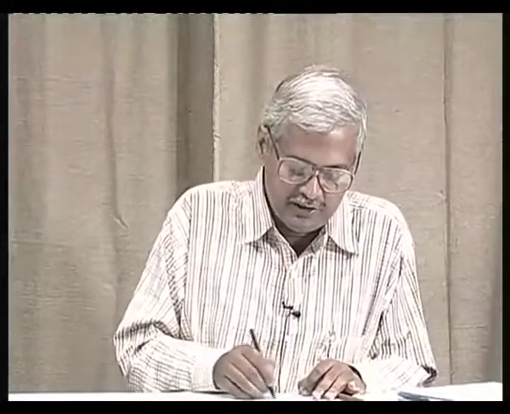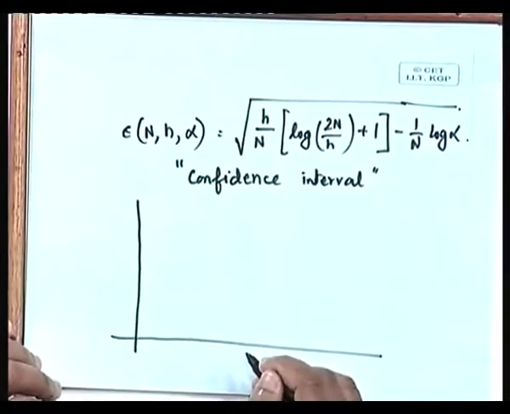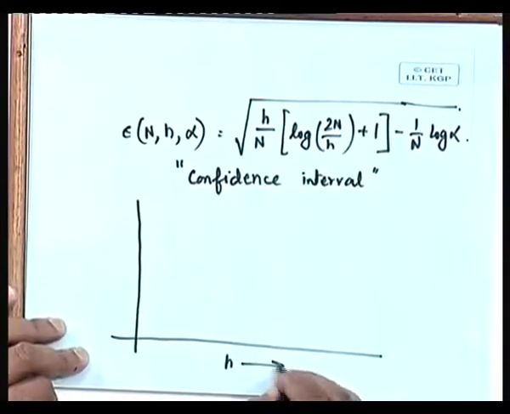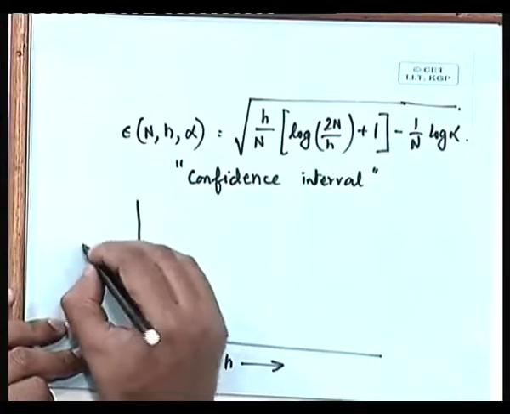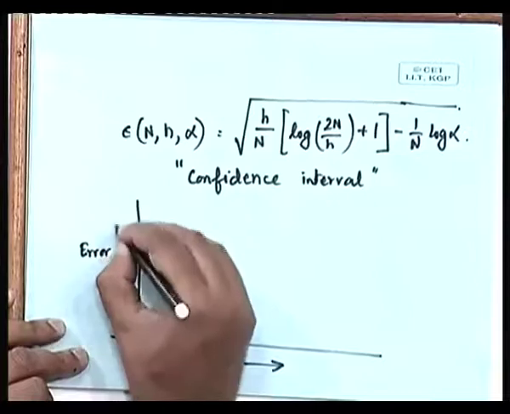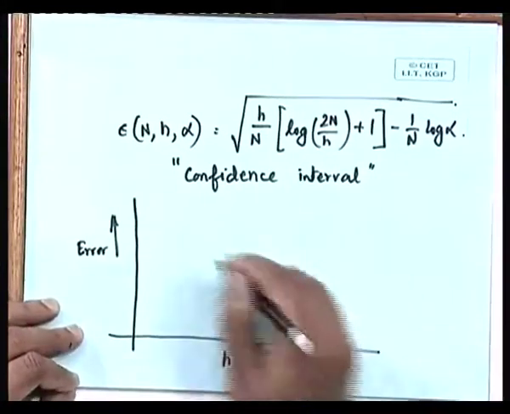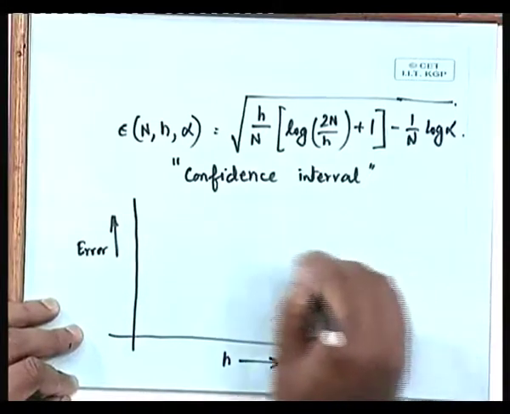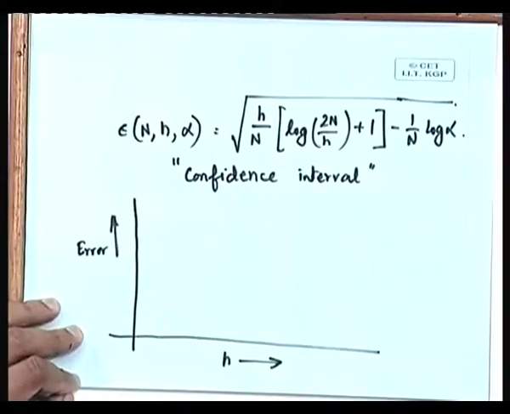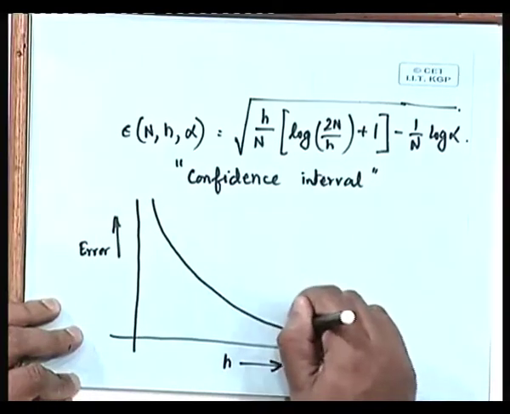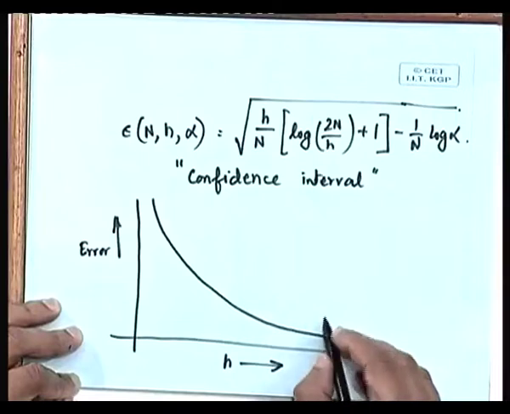In fact, if we try to plot the training error versus h, on the x-axis we plot h, the increasing direction of h, and the y-axis we call the error axis, where we are going to plot the error. So the first term, the training error, will be of this nature, something like an exponential.